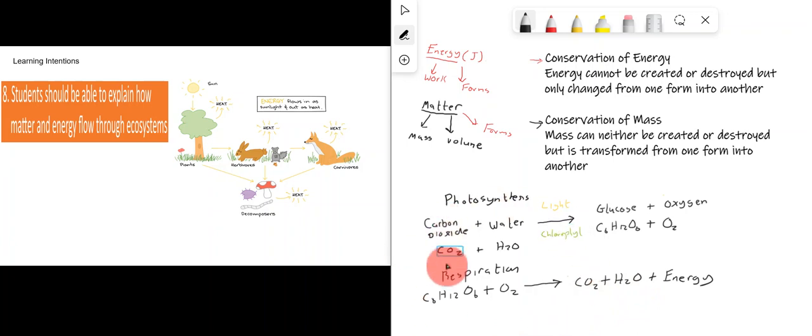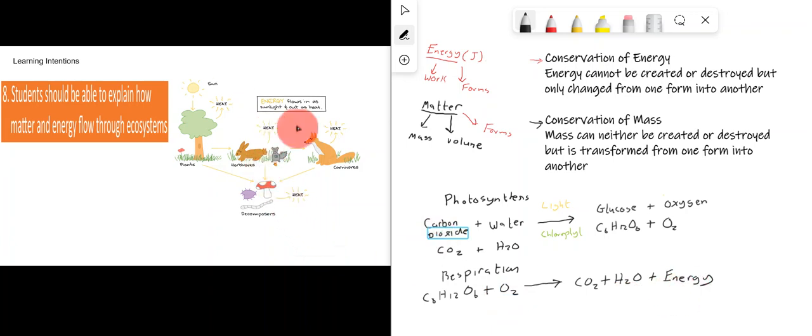So there's this constant cycle. Not only have you got energy flowing through this system, you also have matter in the form of these molecules flowing through this system as well. If we take a rabbit or a fox or any other animal, when it carries out respiration, it loses heat to the environment.